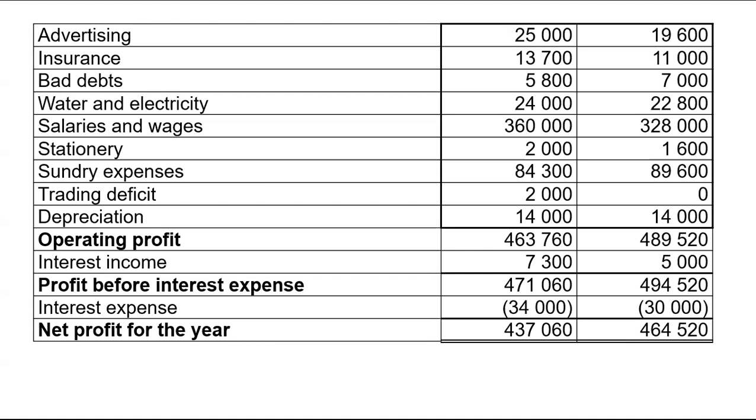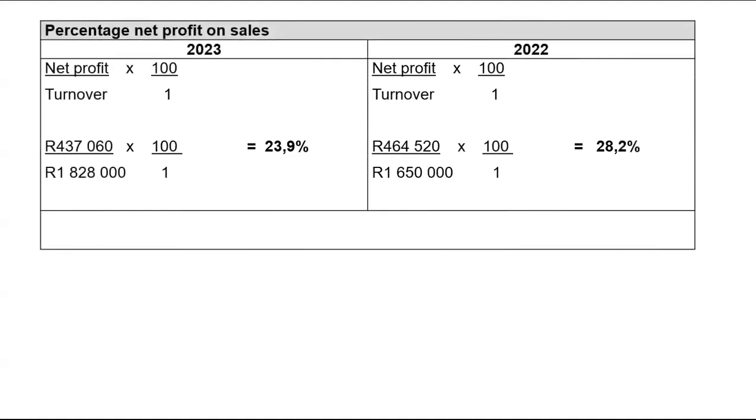And our net profit for 2022 will be 464,520. You divide it by sales for 2022, which is in this case 1,650,000, and you times it by 100. And that's how you will calculate your net profit on sales. For 2023, your net profit on sales will be 23.9%, and for 2022, your net profit on sales was 28.2%.